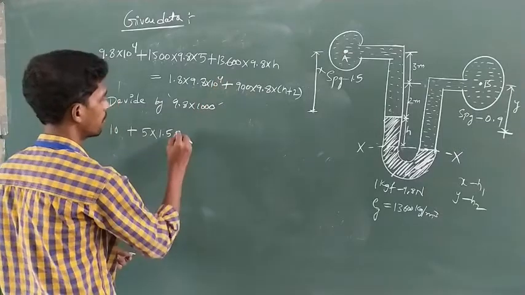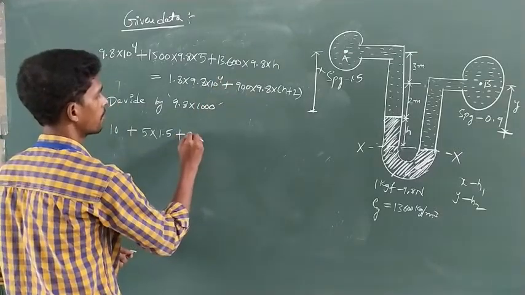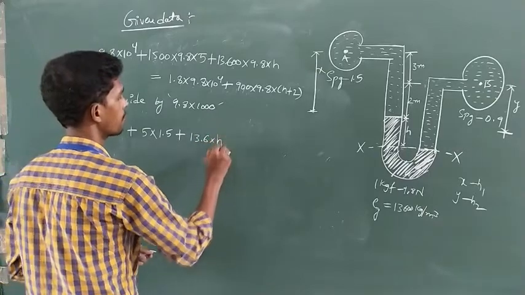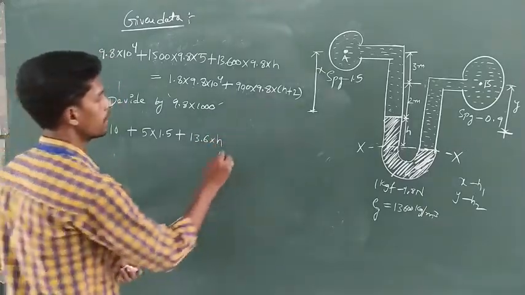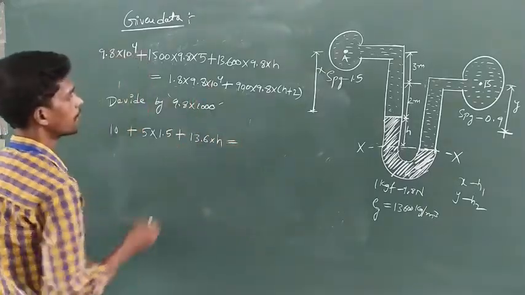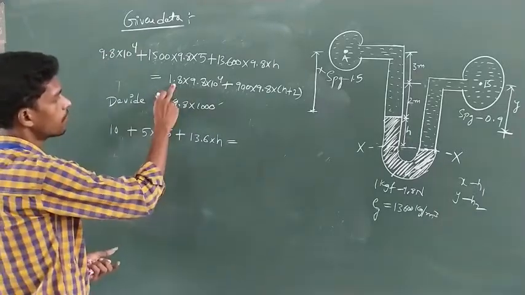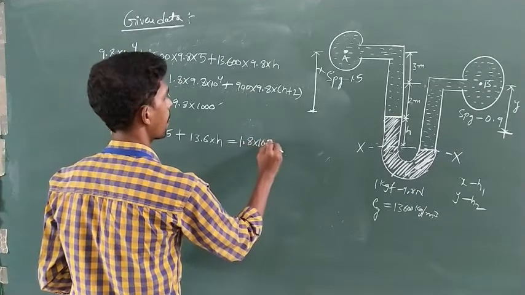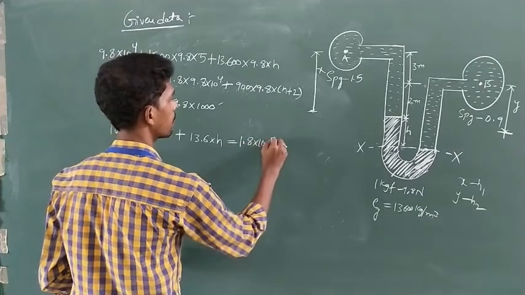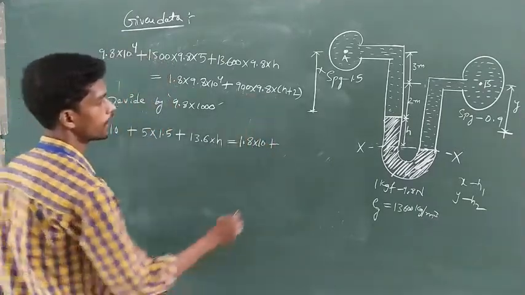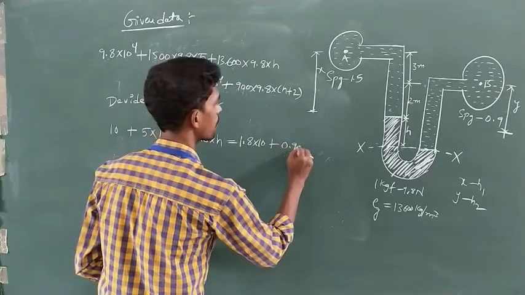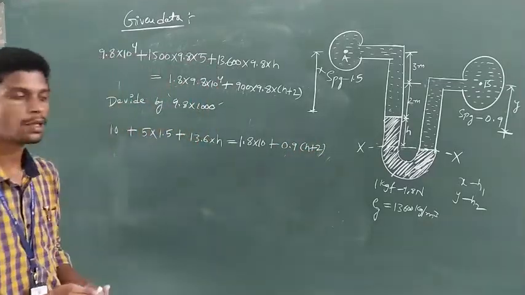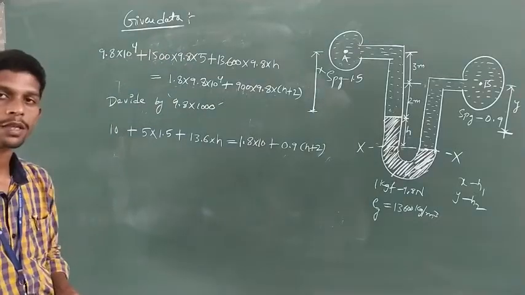And here plus 13.6 into h, right, is equal to, here we will get 1.8 into 10 plus here we will get 0.9 into h plus 2. So this is the equation we have, right?